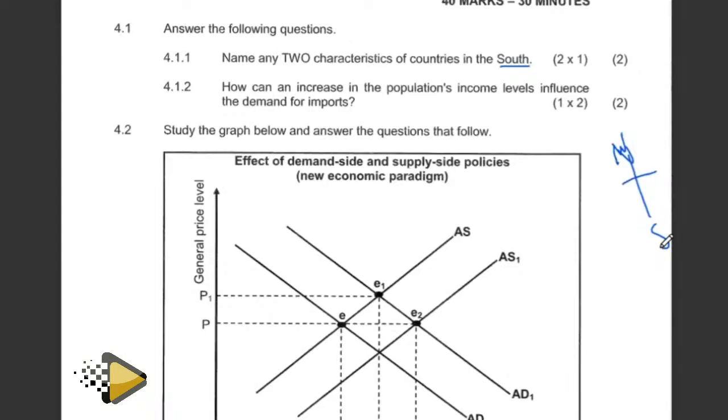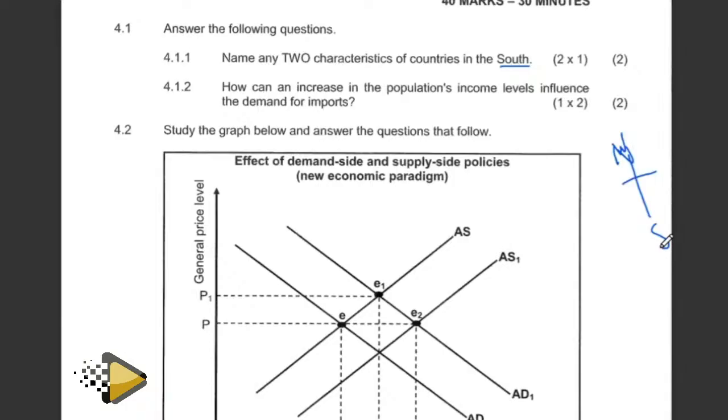Okay, right. So now let's move on to 4.1.2. How can an increase in the population's income levels increase the demand for imports? The moment local inhabitants or household income is high, it means there's going to be a desire or a need for them to buy normal goods, not inferior goods.